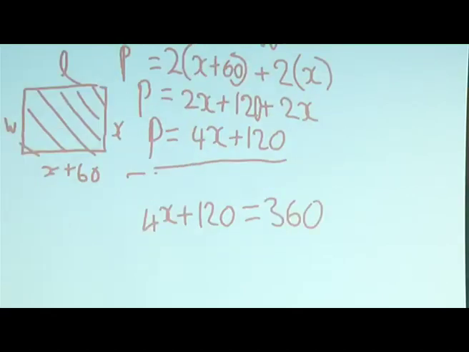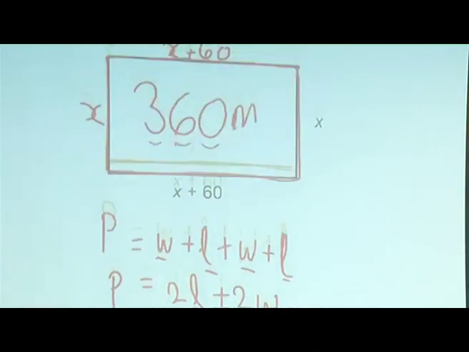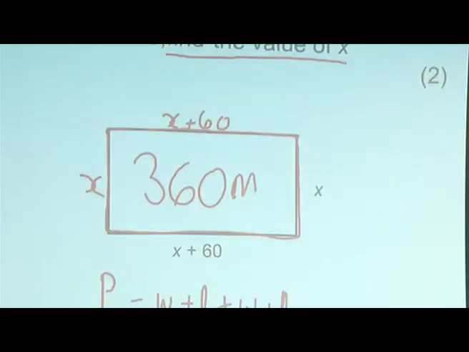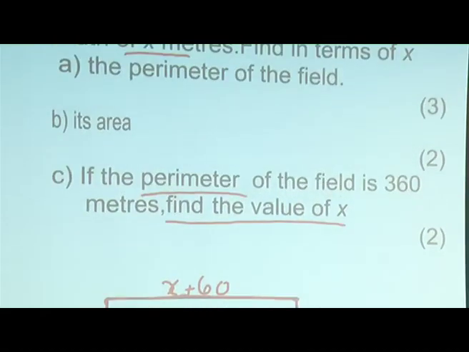Now, what are we saying here? We are equating, in place of that p, I put this because I know it's the perimeter. Now, this is what you should remember. If you are given this question, remember that you've been writing p in place of the perimeter of this shape.